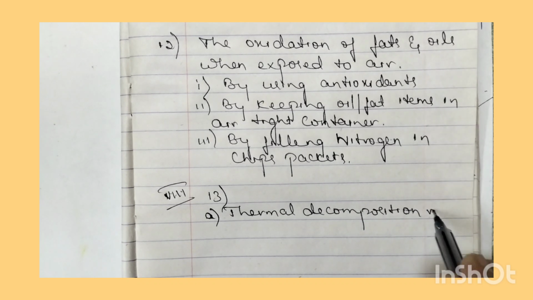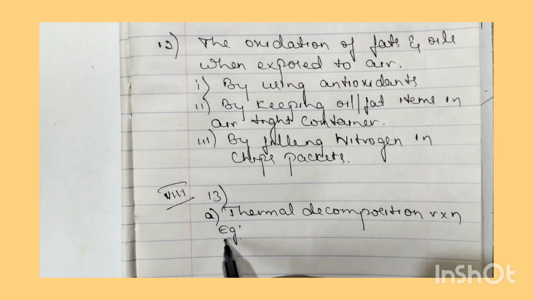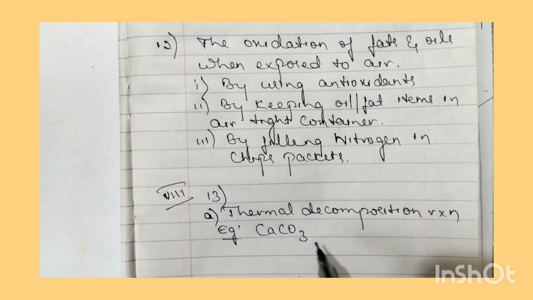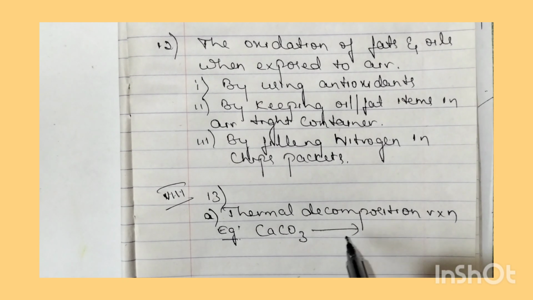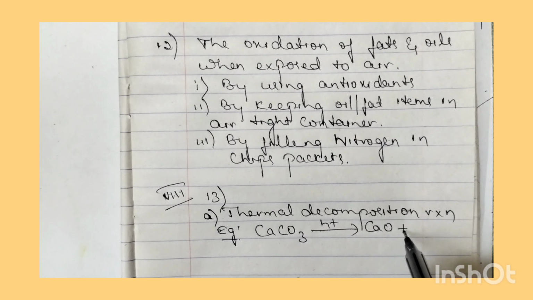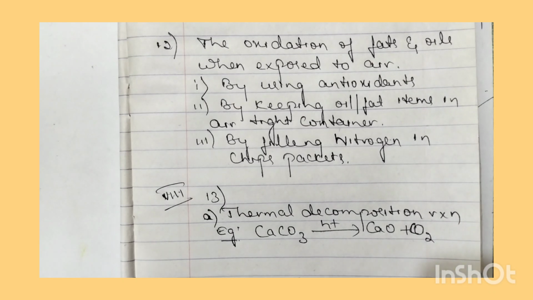Thermal means the energy is given in the form of heat. So CaCO3, when it is heated, forms CaO plus CO2.